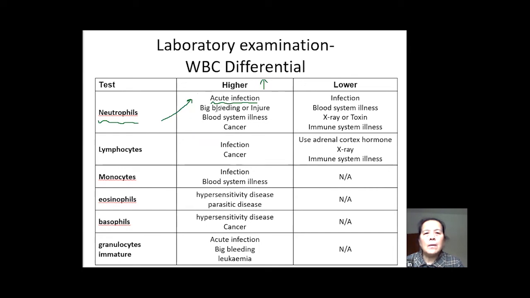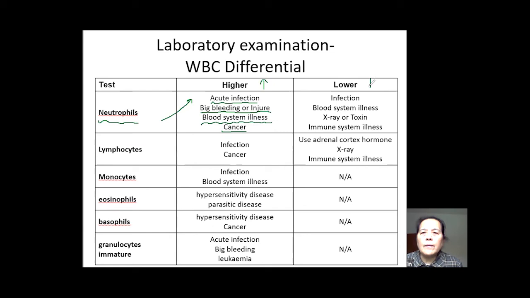Other situations are big bleeding or injury: because of losing blood, including white blood cells, the body produces more and the number increases. Blood system illness and some kinds of cancer can also cause the neutrophil number to increase. So those are the situations that cause white blood cells, especially neutrophils, to increase.